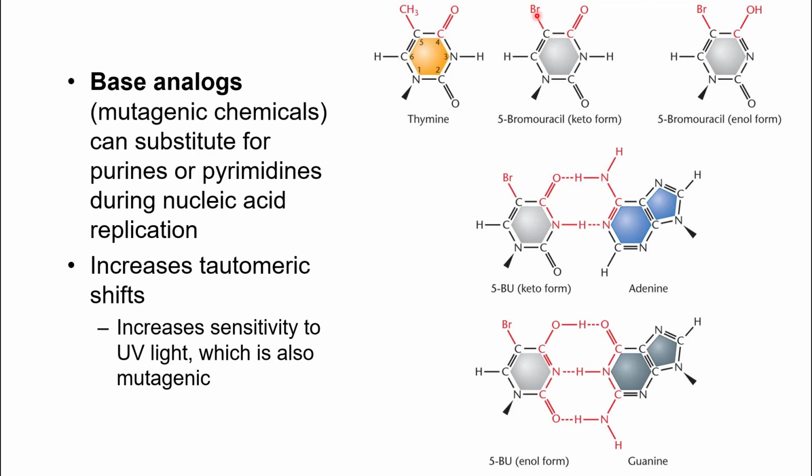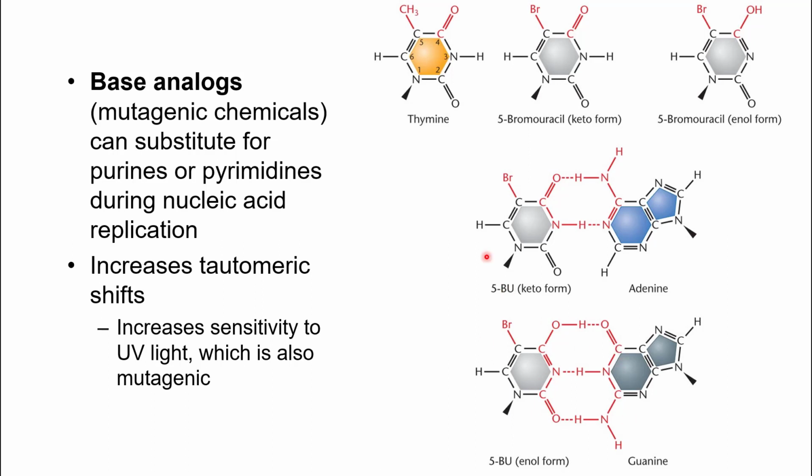If we bring in this bromine, it can cause thymine to turn into this uracil, and in this form, it can bind with adenine, just like thymine would, in its keto form. But in the enol form, it's going to bind with guanine, and it increases the frequency of a tautomeric shift. Tautomeric shifts can happen normally, but they really don't happen that often, so it's pretty rare. But base analogs go into tautomeric shifts at a higher frequency. Hence, we say that chemical is mutagenic.